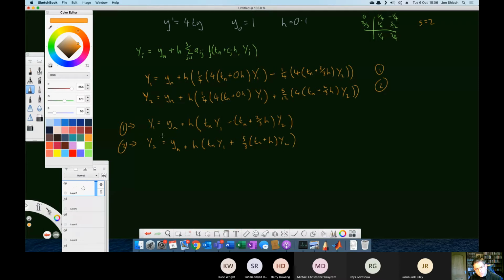Now I want all terms which involve Y1 and Y2 on the left-hand side of the equation. So call that equations 3 and 4.